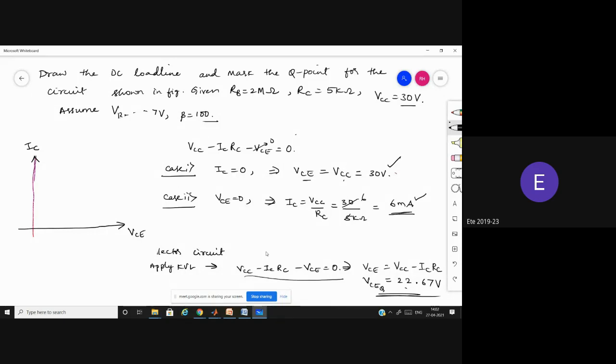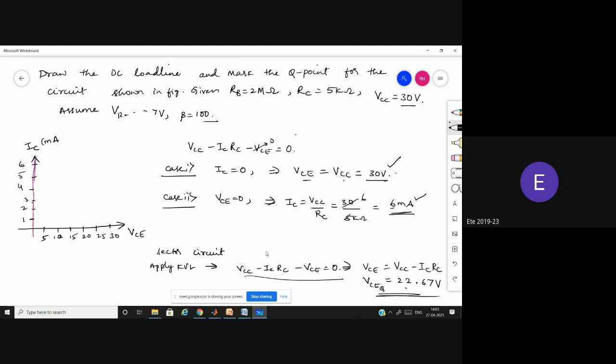So what is the maximum collector current we have got? Maximum is this one. So mark 1, 2, sorry, here 1, 2, 3, 4, 5, 6. It is in terms of milliamps. So maximum voltage is 30 volts. We can take it as 5, 10, 15, 20, 25, 30.